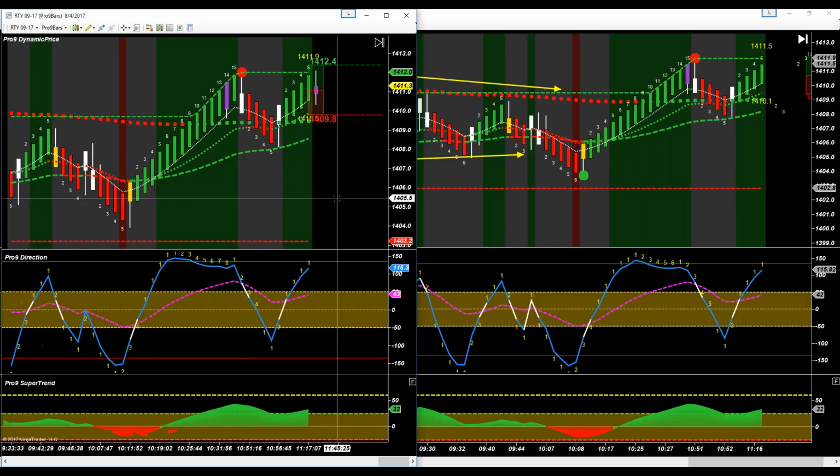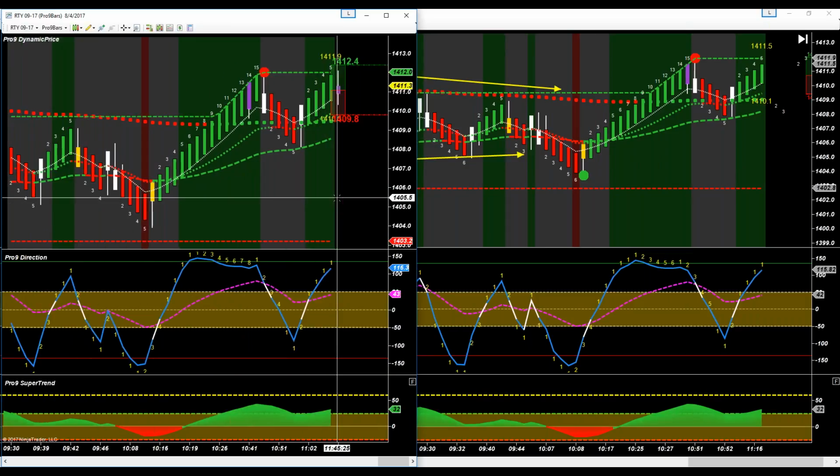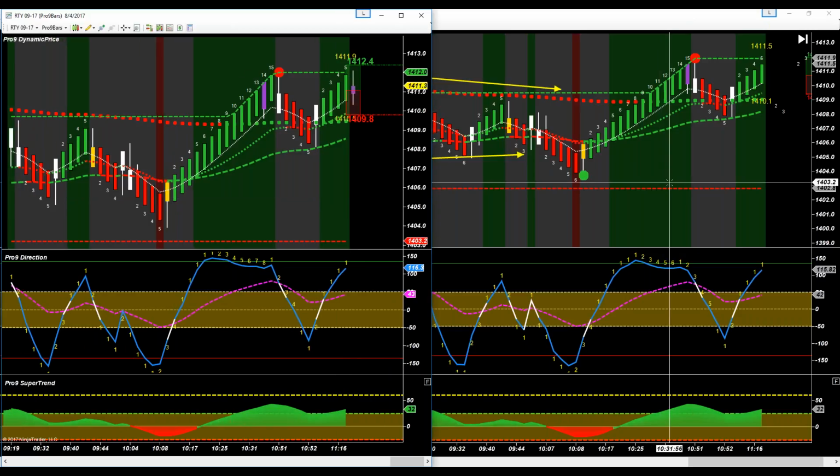So you'll get slightly different data, and charts will usually be fairly close, but because there's probably less volume on the RTY at the moment, you won't see as much movement for the time being. So it's going to be listed on both exchanges. It's still going to be listed on the ICE exchange until June of next year, but I'm sure a lot of people will start migrating over sooner than later.